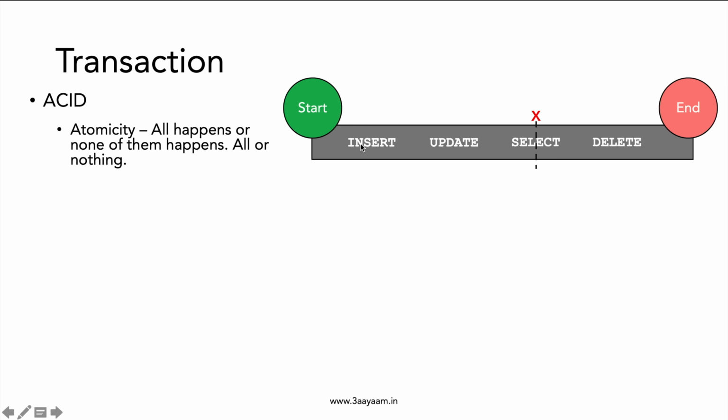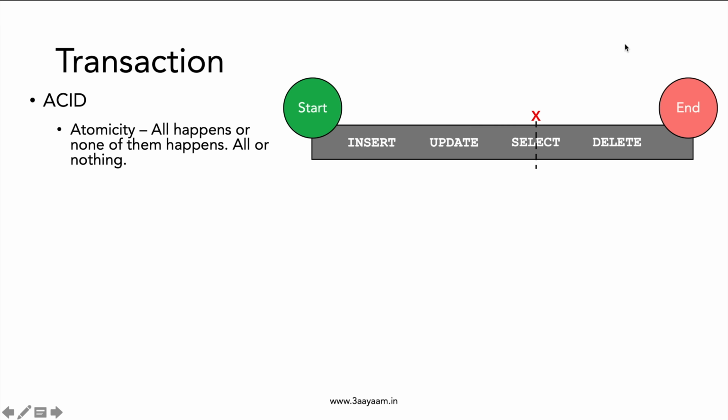Now insert and update are done. So insert has happened, update has happened. While you are running the select statement, your application has failed, or your database has failed, or your server has gone down, whatever, it can be any scenario. Now what will happen in case of atomicity? Because transaction provides the atomic guarantee, it's an all or nothing architecture.